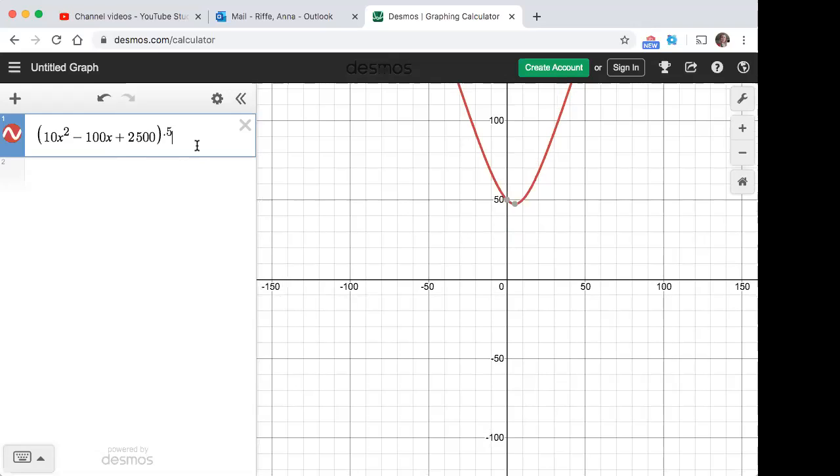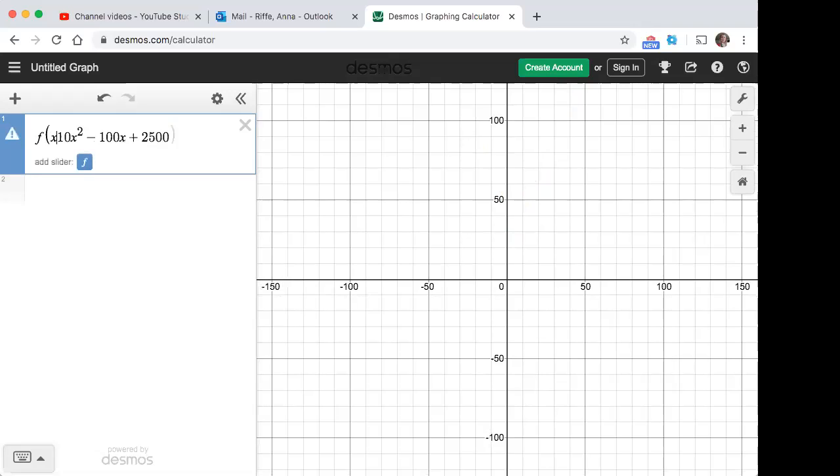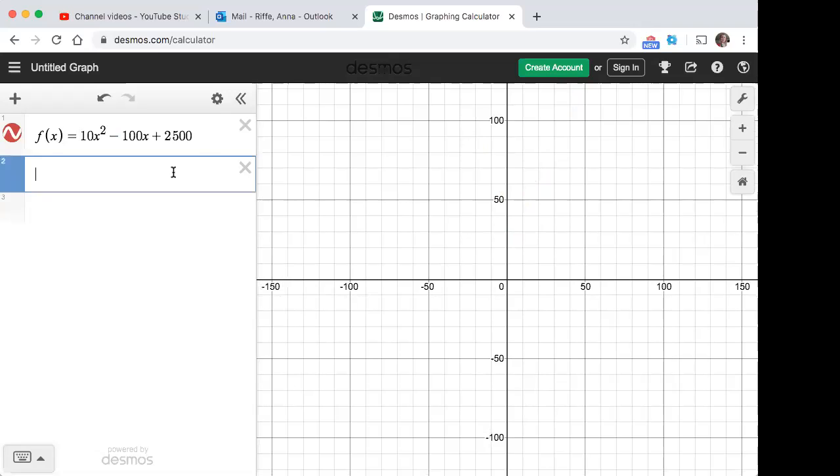Another way that I could check that is I could take this 1/2 power out. I could call this f of x is equal to that function. And I could say, well, where is f of x equal to 0? It does not appear that there are any locations because no solutions show up on Desmos.